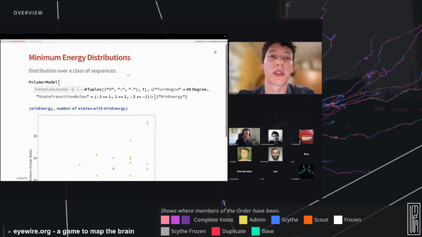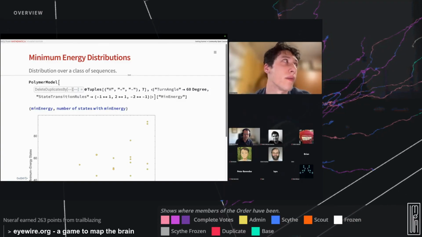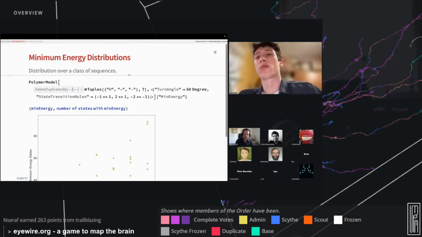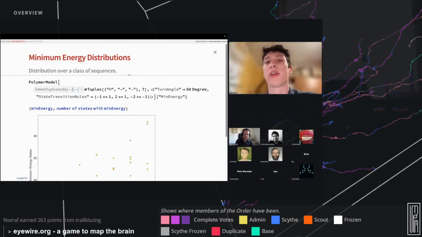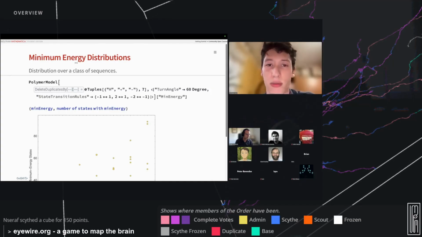Then we can, of course, look at energy distributions. In this case, it doesn't look at the full energy distributions of a particular sequence, but it looks at the minimum energy distributions of a full class of sequences.